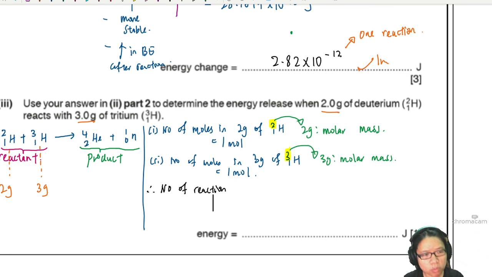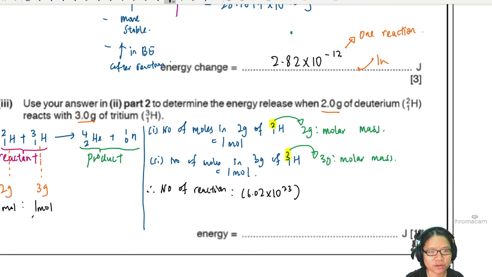So if we have 1 mole of tritium and 1 mole of deuterium, 1 mole respectively, you will get 1 mole worth of reaction, which is 6.02 times 10 to the power of 23. And because of this, hence, the energy release is equal to 1 mole, which is Avogadro number.